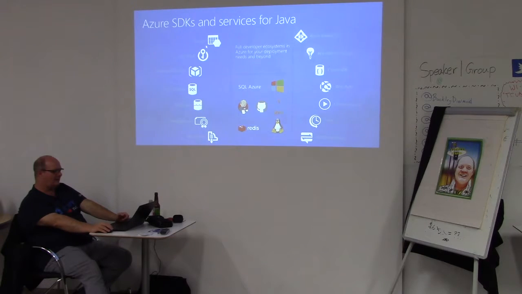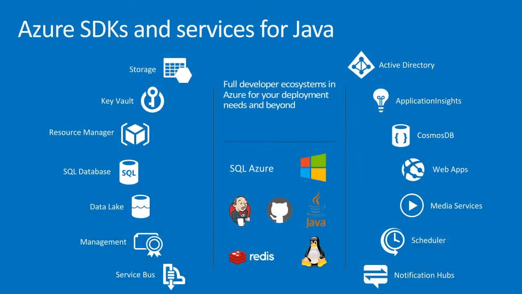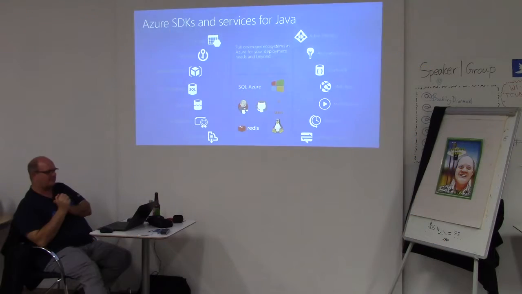And all of the services that we have, like Active Directory, storage, SQL, the MySQL service I showed you earlier, the Postgres service, they all have REST APIs. But the REST APIs can be hard to work with, so what we've done is build these software development kits, which give you sample code and all kinds of facilities for managing these services that we already have available to you.